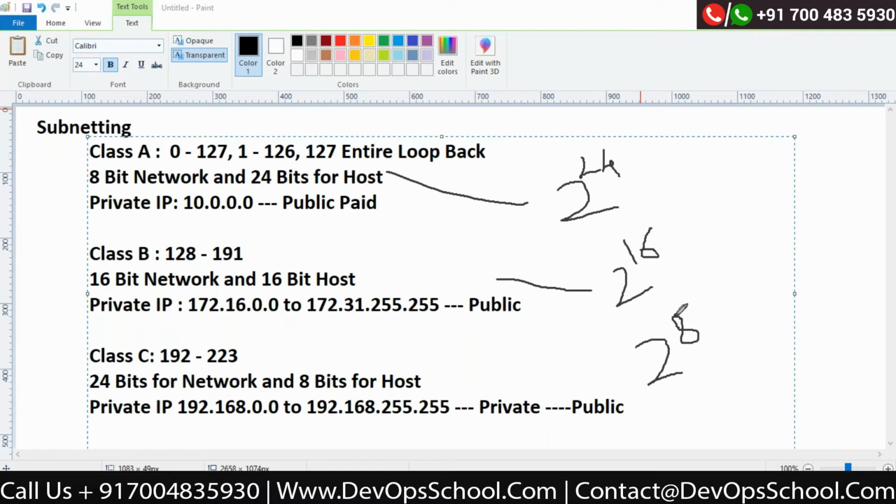Now you can imagine every IP address which is generated from this formula, correct? These IP addresses are fixed. You cannot increase them. Whatever class A total IP addresses, 2 raised to 24, into how many networks do we have? 128, 0 to 127, correct?